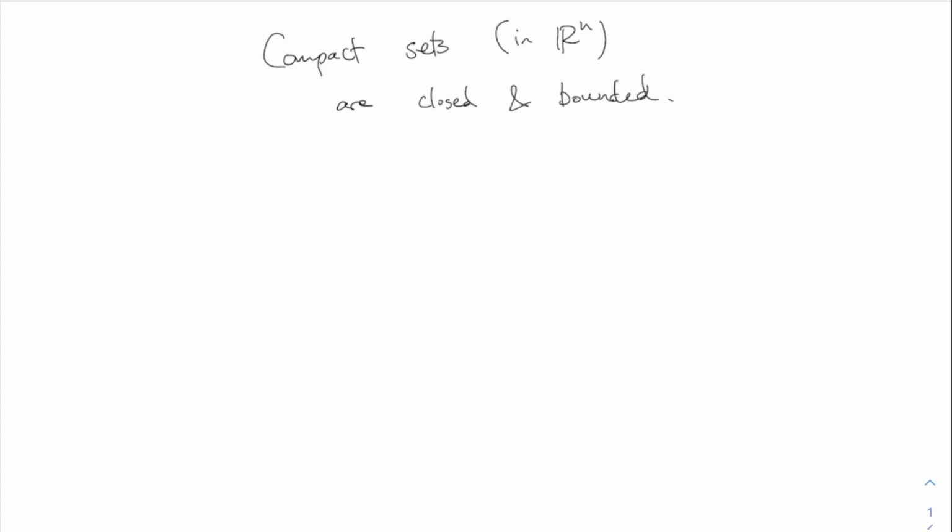Compact sets in Rn are closed and bounded. I hope that over our discussions of compact sets, you have gotten this general impression: to show something's not compact, you use an open cover that approaches the boundary, or an open cover that goes on forever, like that bullseye type picture we were using a couple times ago.